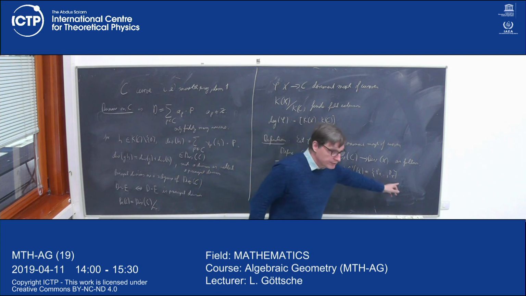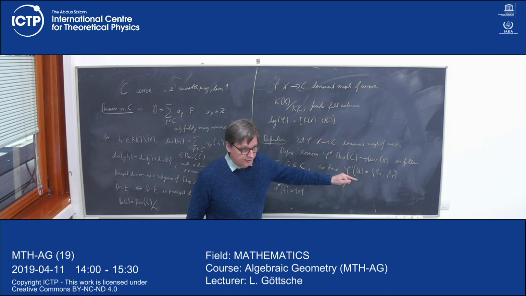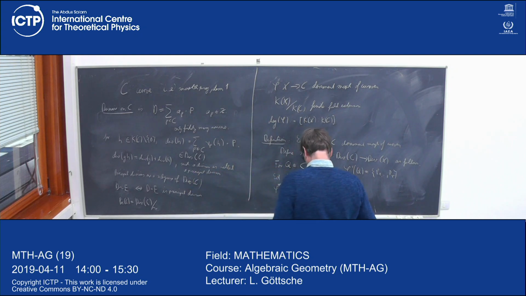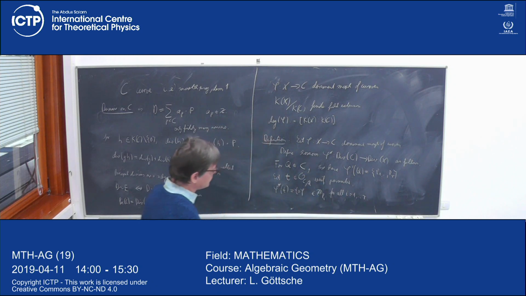This is regular at all these points, and in fact, as this function vanishes at Q, it vanishes at all these points. It's in the maximal ideal M_{P_i} for all i equals 1 to R, because if I compose it, it vanishes on all the points of the preimage of Q.